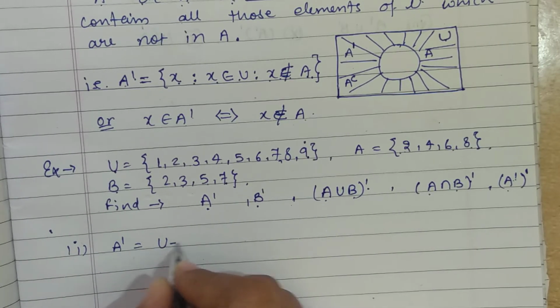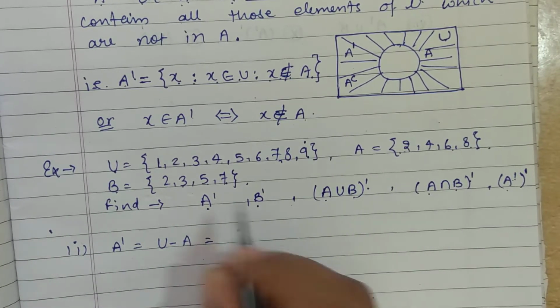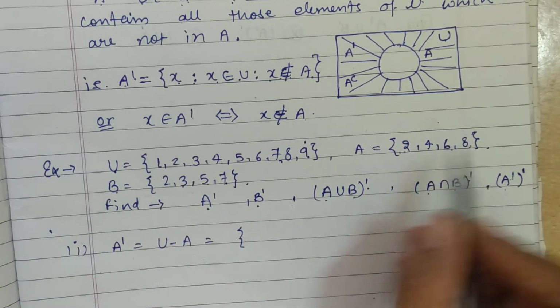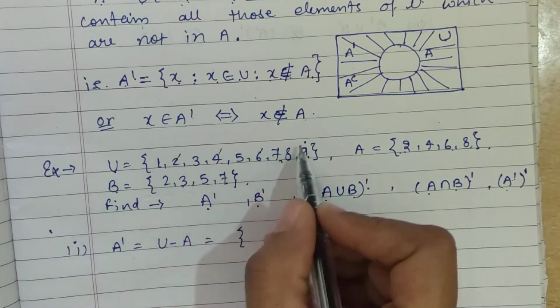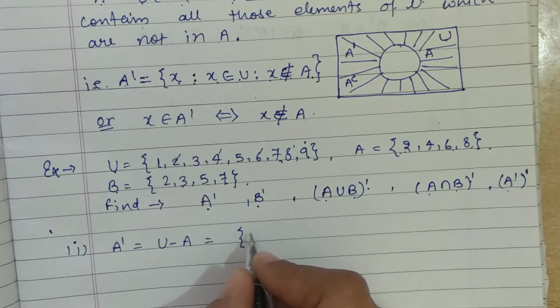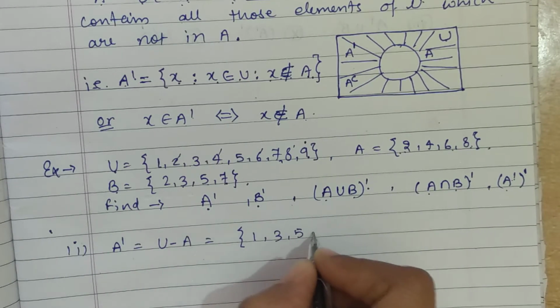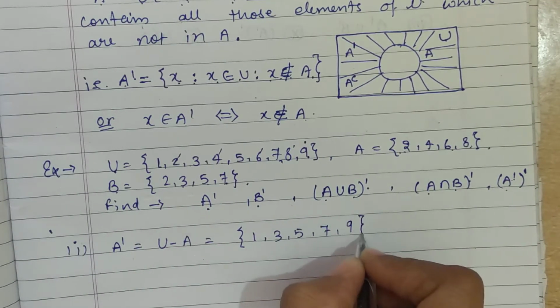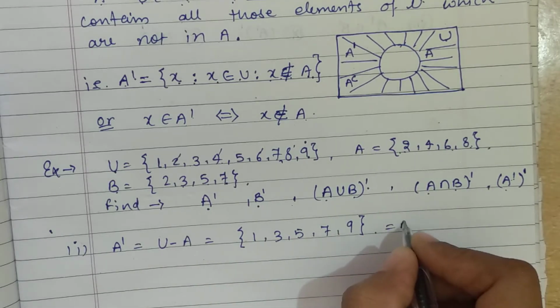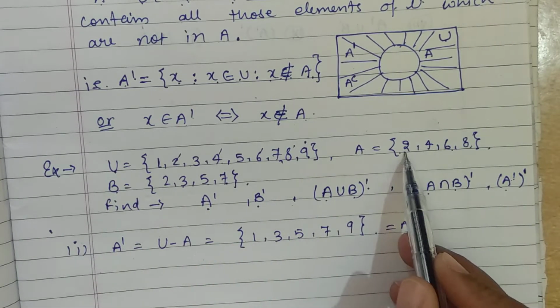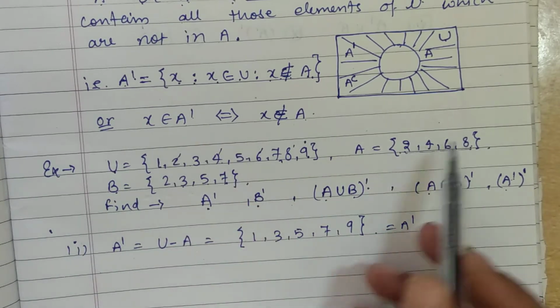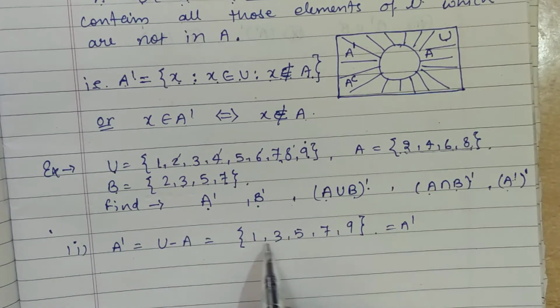A complement means U minus A. Remove 2, 4, 6, 8, and we get 1, 3, 5, 7 and 9. These belong to A complement. Okay, it means we removed all the elements of A from U, and the remaining ones all belong to A complement.